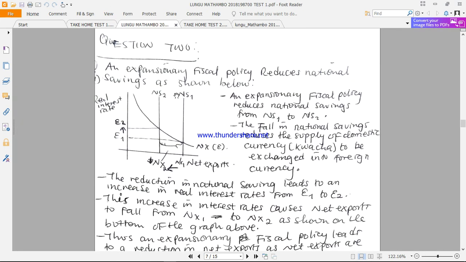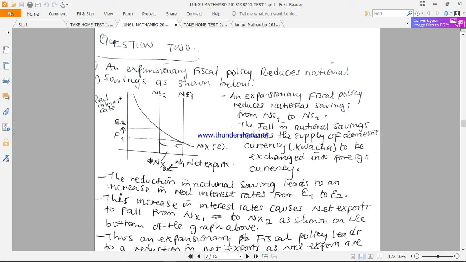An expansionary fiscal policy reduces national savings. First of all, I've got this model, which we did together. On the vertical axis I've got the real interest rate, on the horizontal axis net exports, and initially we have national savings, NS1.